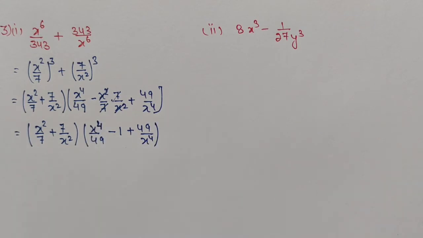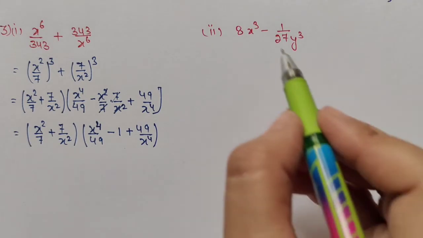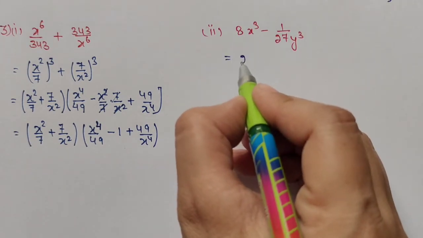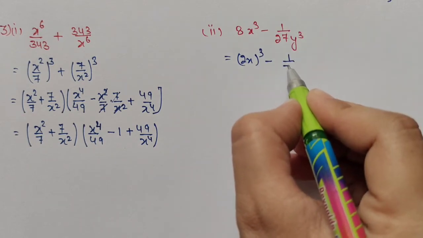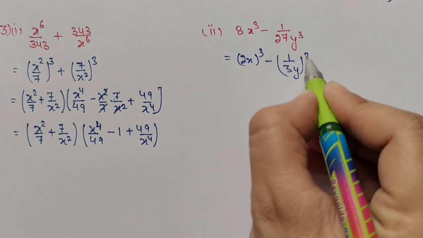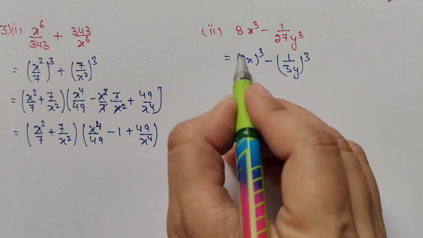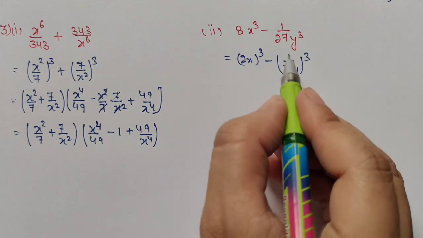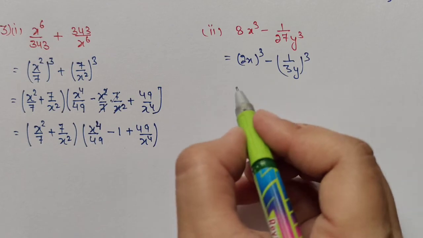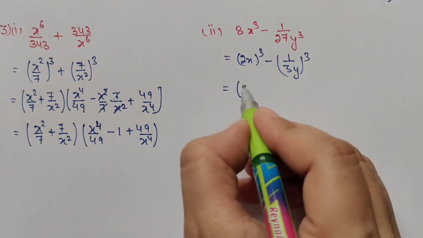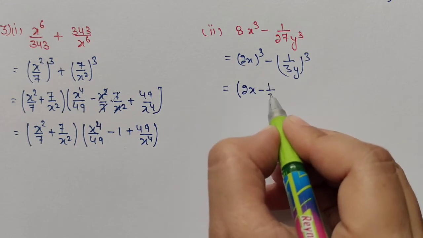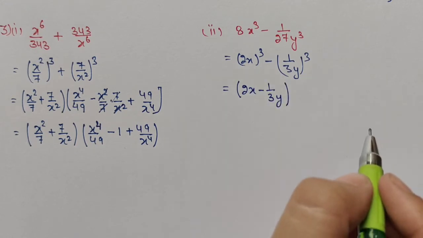In the second part, 8x cube we can write as (2x) whole cube, and this we can write as (1 by 3y) whole cube. So this whole thing we have to treat as a, and this we have to treat as b. A cube minus b cube. Now we will apply the formula. A cube minus b cube is equal to (a minus b), 2x minus 1 by 3y.